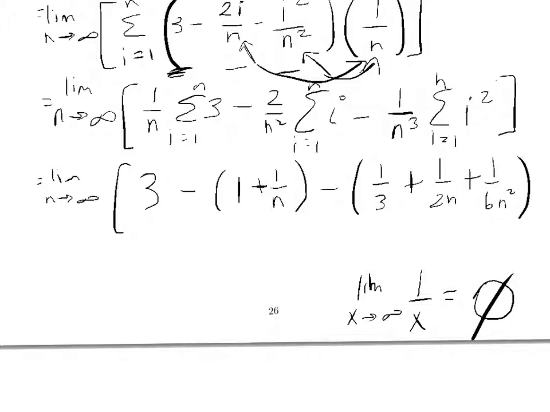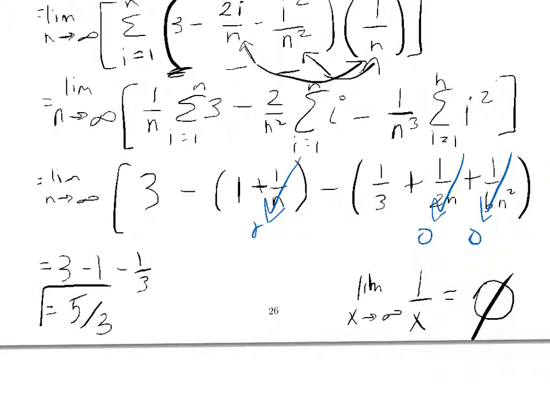So every term that has a 1 over n, or 1 over n squared, or 1 over n cubed, or 1 over n to the whatever, goes to 0. All we do is add up the terms that do not have a 1 over n, which leaves us with 3 minus 1 minus 1/3, which is 5/3.